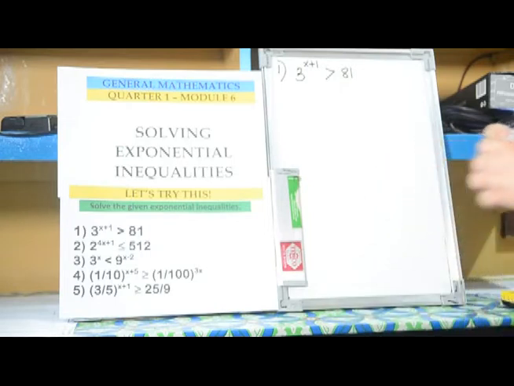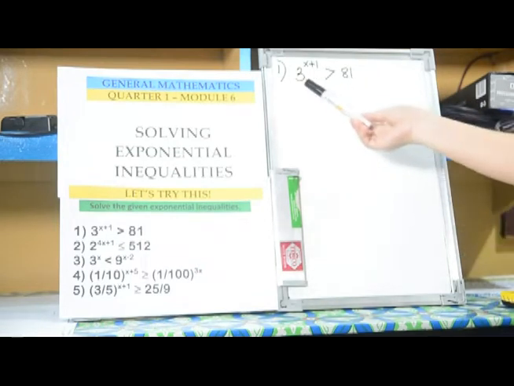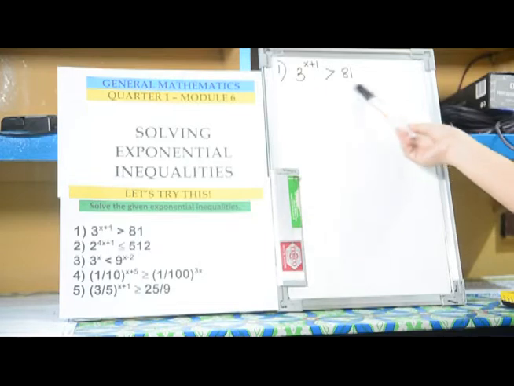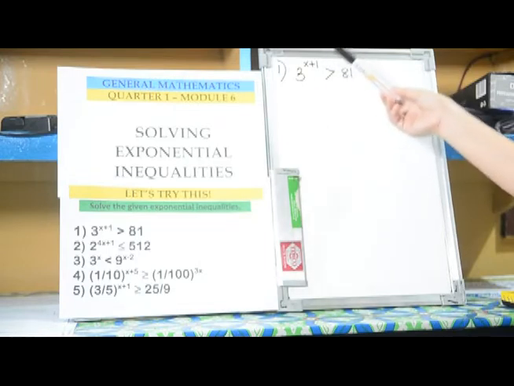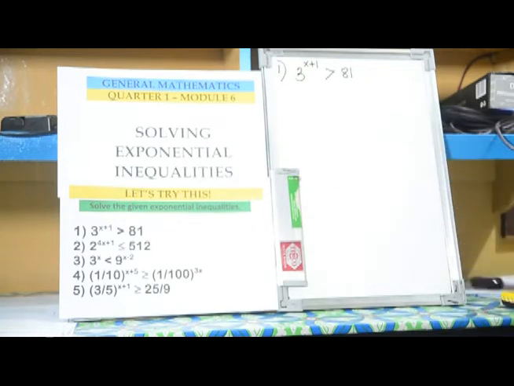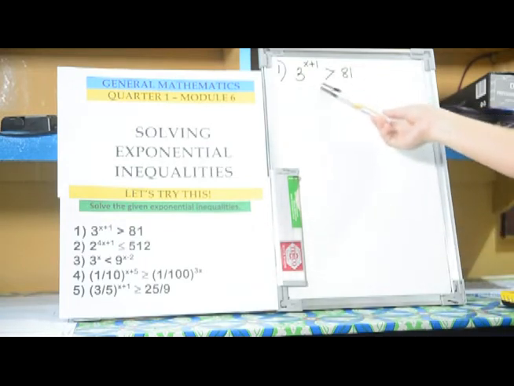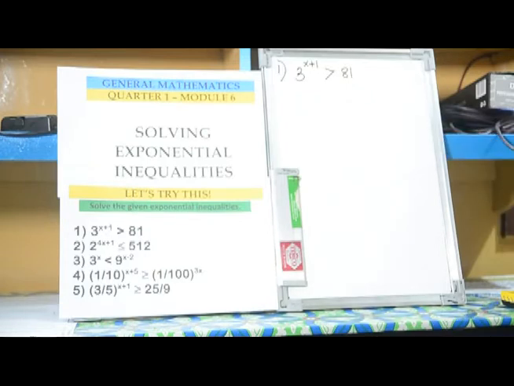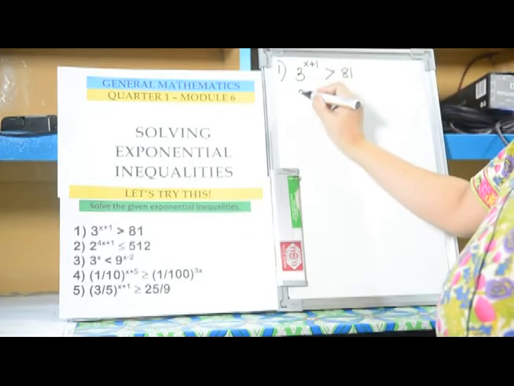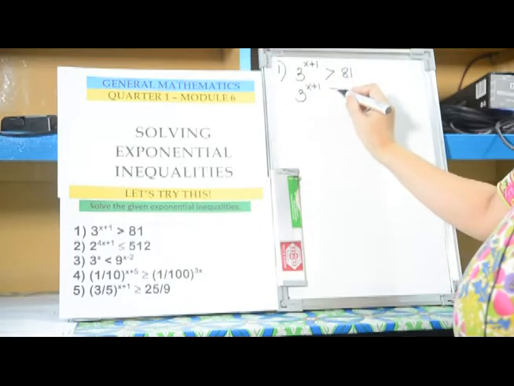The same thing, class, as when we solve exponential equations, we need to get the same base on both sides of the expression. If we have 3 and 81, they are not of the same base. So let's take the least base, which is also a common factor of the other one. We can just get the base of 3 on both sides. So you have 3 raised to the power of x plus 1 is greater than 3.